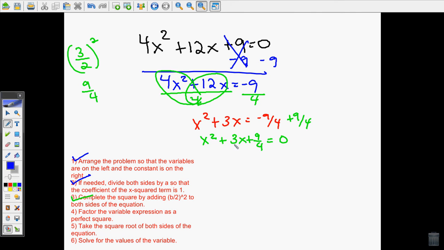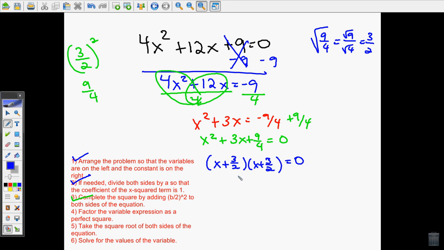I'm going to find the square, and I won't give you any with fractions like this, but the square root of 9/4 is square root of 9 over square root of 4, which is 3/2. So this is going to be x plus 3/2 times x plus 3/2, and that's equal to 0.